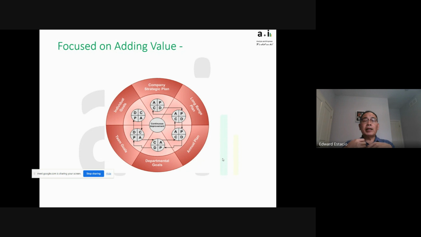We need to do planning and doing, checking, and acting. It goes all the way down to individual goals. If you notice, if we haven't met those, it loops back all the way to the company goals. So it starts from the company's strategic planning all the way to individual goals, and if we don't meet those, it cycles around again.